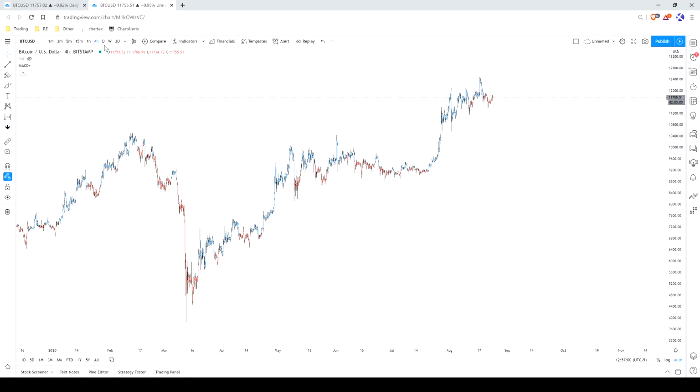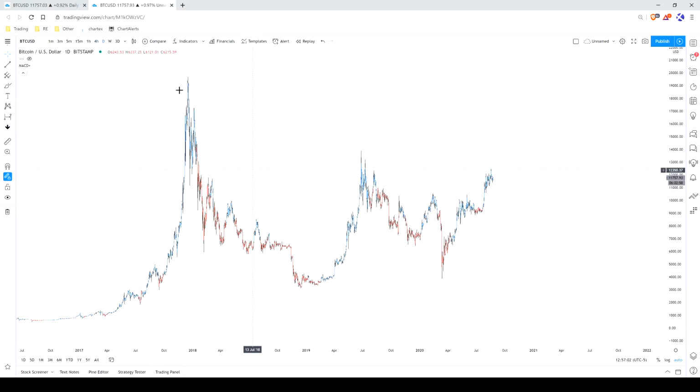Has it ever happened where Bitcoin topped before the other moves, the other alts, where Bitcoin has come up like this, but another has not?